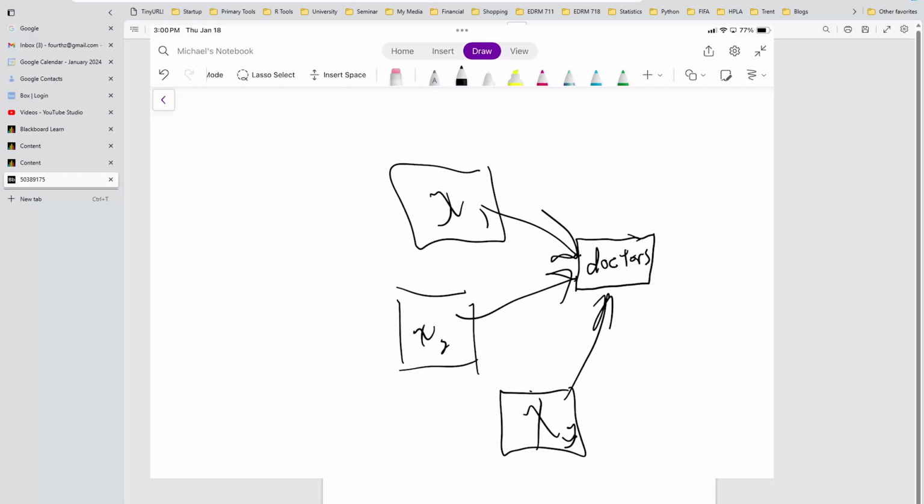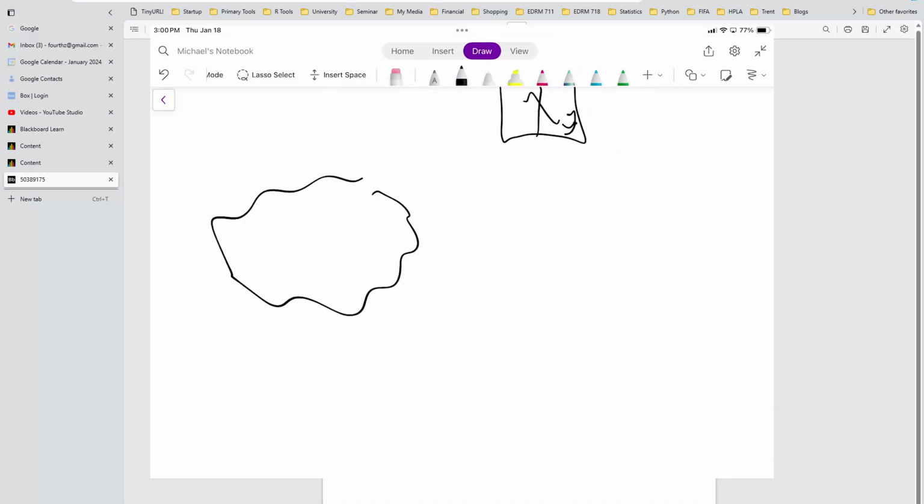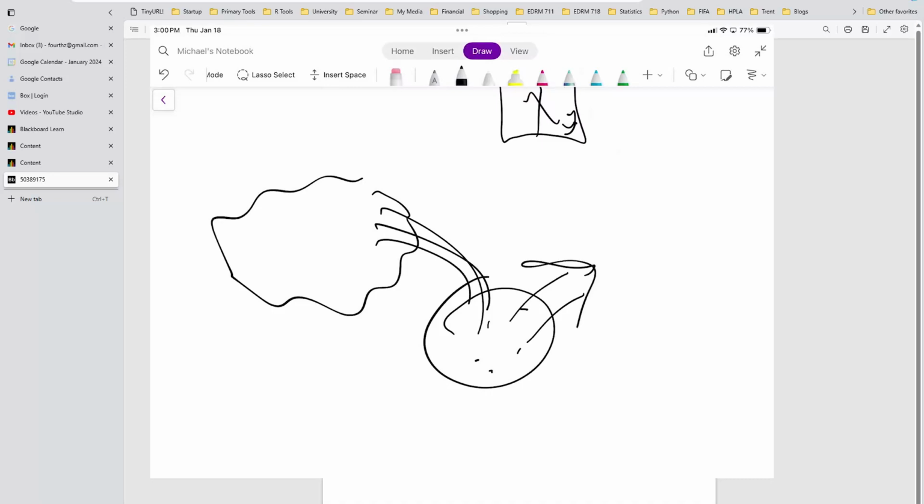Well, consider that we start with a population and we draw from this a sample, and that from that sample we make our observations. We see our various data points. And then we utilize that information to create what we think is the best model to predict doctors.